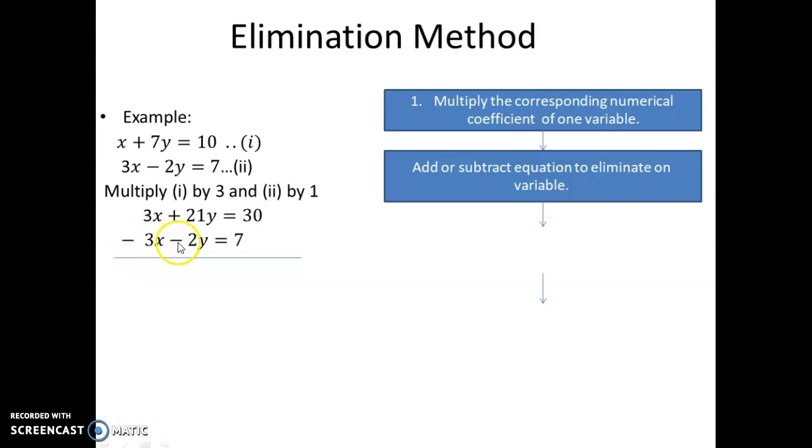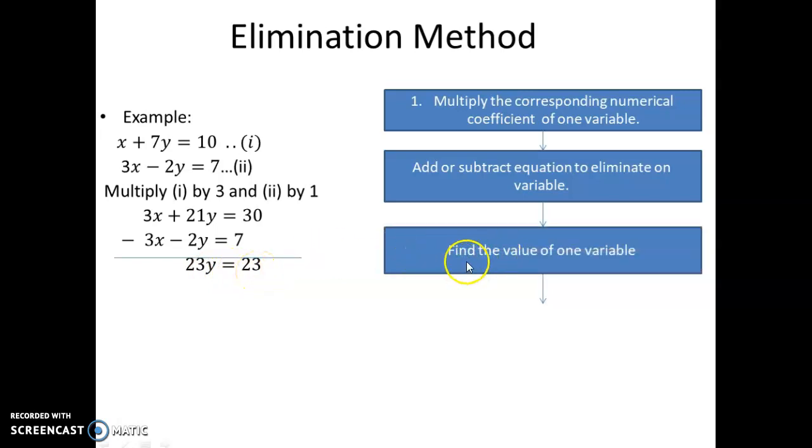This minus will come to minus 2y and it becomes minus and minus plus 2. So 21 plus 2y will be 23y, and 30 minus 7 will be 23. So I get 23y is equal to 23.